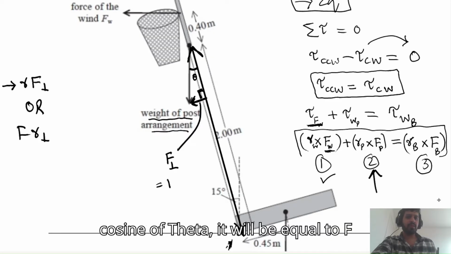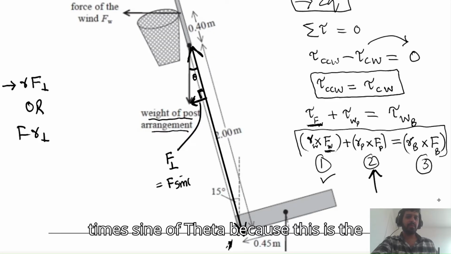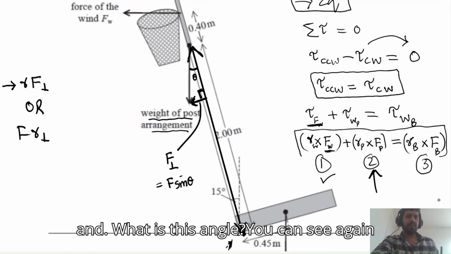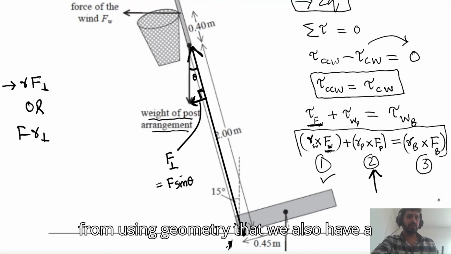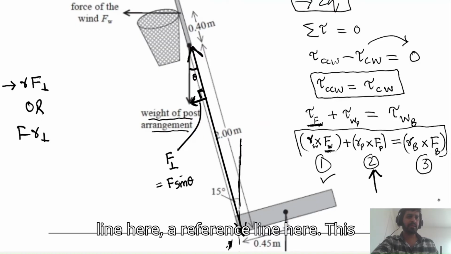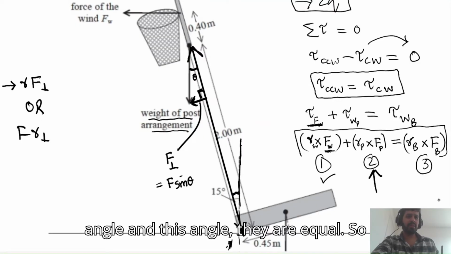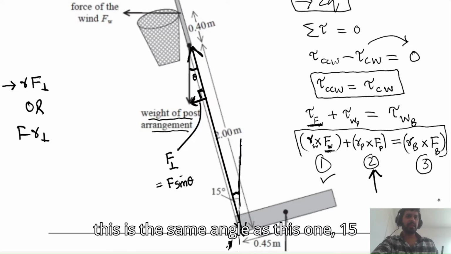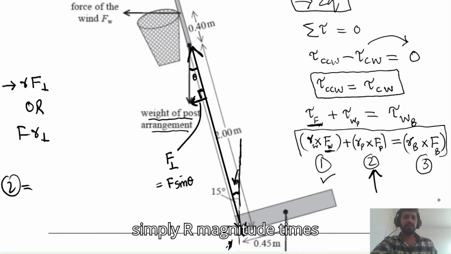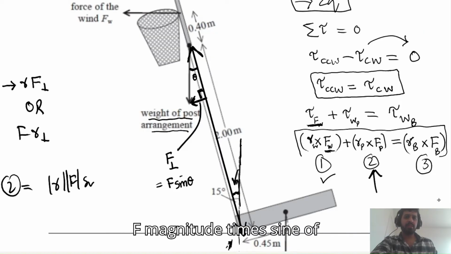It will be f times sine of theta, because this is the opposite side. And what is this angle? You can see from geometry that we also have a reference line here. This angle and this angle are equal. So this is the same angle as this one, 15 degrees. And the answer is that number 2 is simply r magnitude times f magnitude times sine of 15 degrees.